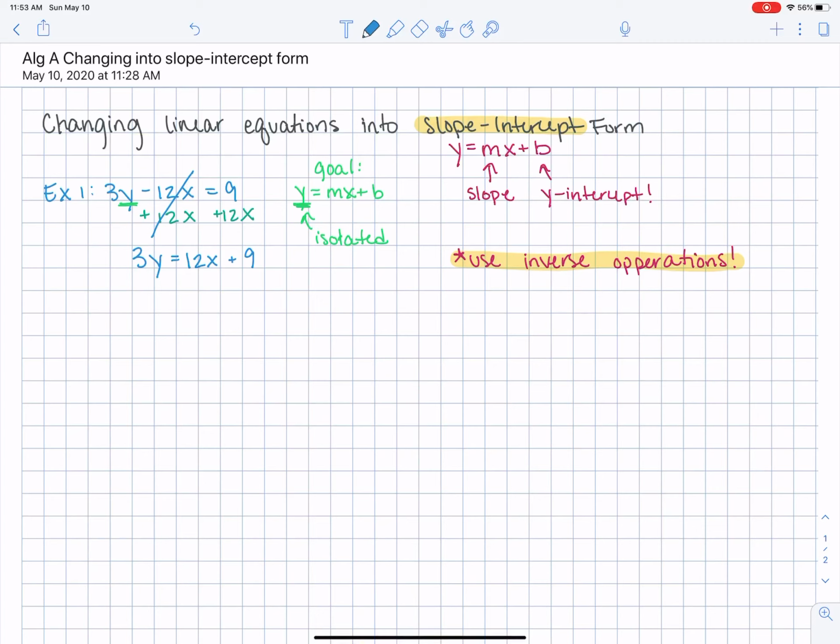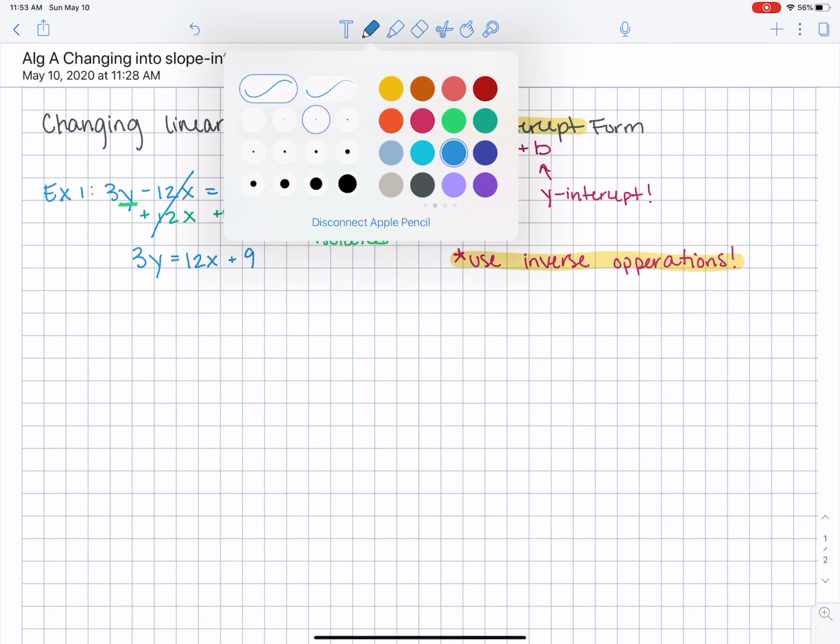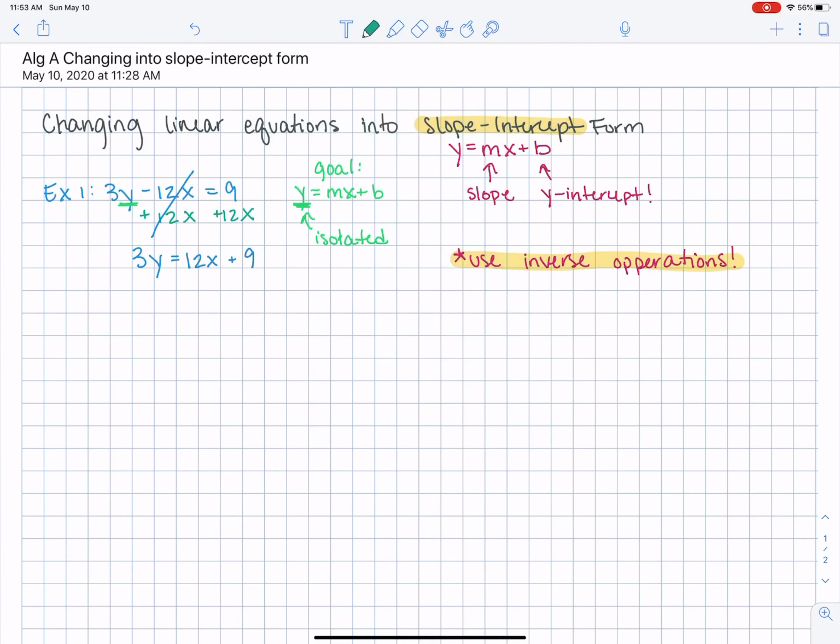And again, those inverse operations. I always like to say the equation out loud. You can say it out loud, nobody's around these days. You can say it in your bedroom or wherever you're doing your homework. So we have 3 times y. Remember, when it's next to a variable, it means times. And if it's times, that means we need to divide. That little fraction sign means divide.